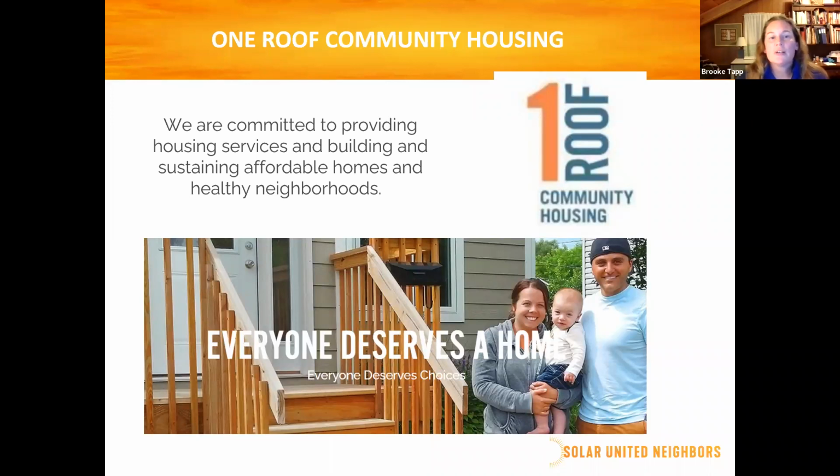But mostly we're here as a partner to make solar accessible for lower income homeowners. We have homeowners who would income qualify, and we want to help make that a possibility, because solar can be expensive but it can be accessible for all homeowners. That's what we're here for.